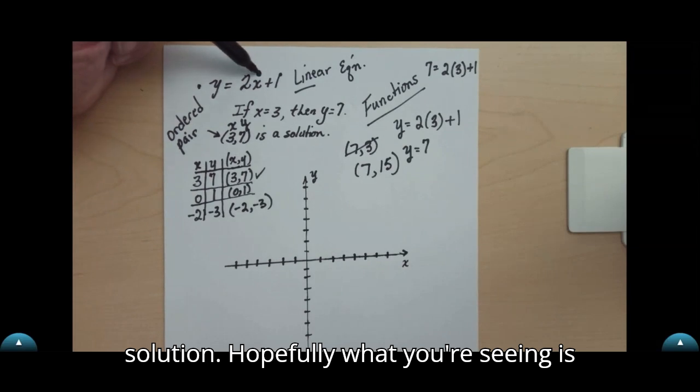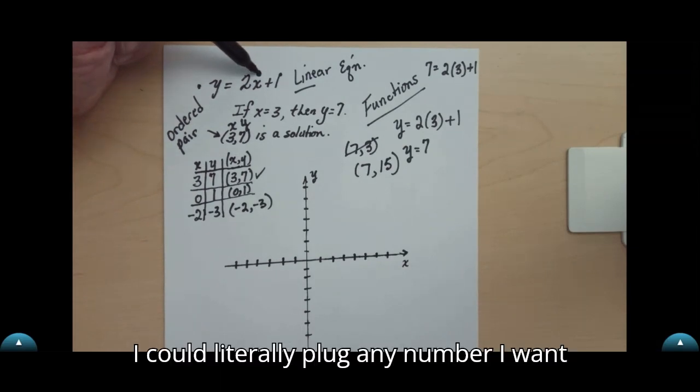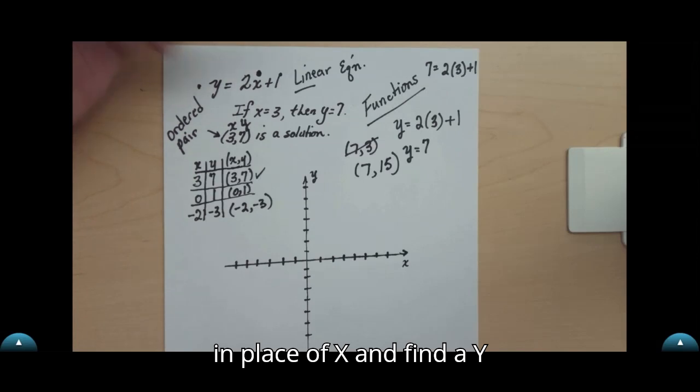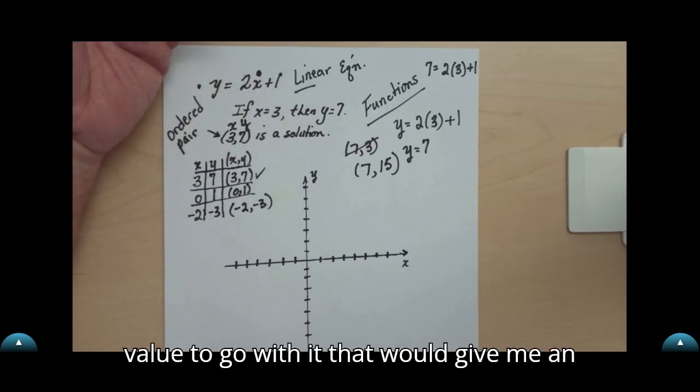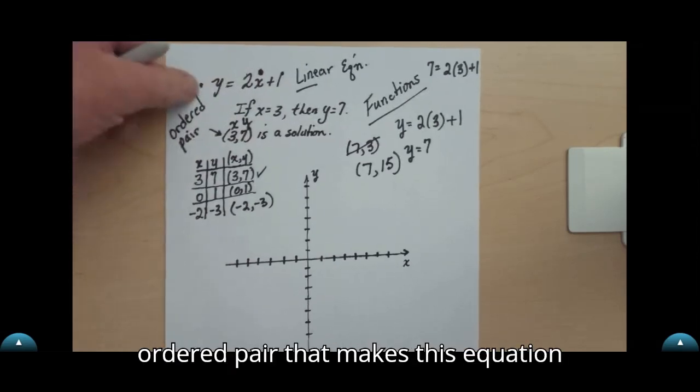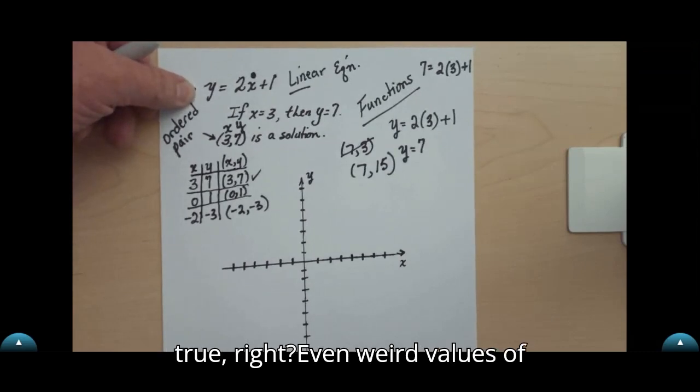Hopefully what you're seeing is I could literally plug any number I want in place of x and find a y value to go with it that would give me an ordered pair that makes this equation true, right?